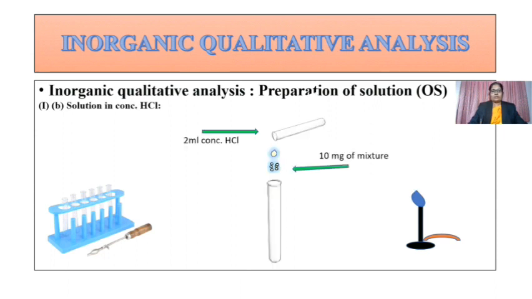Next part is the preparation of solution in HCl, that is concentrated HCl. If the mixture is insoluble in dilute HCl, take about 10 mg of the given mixture in a test tube and then add 2 ml concentrated HCl to it.